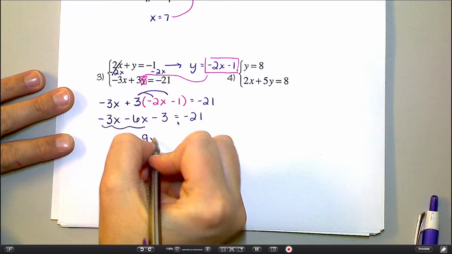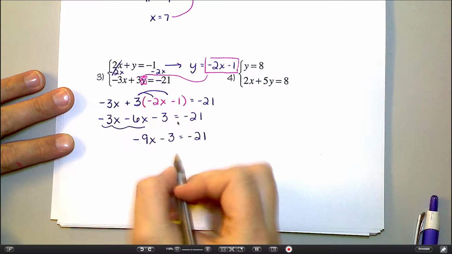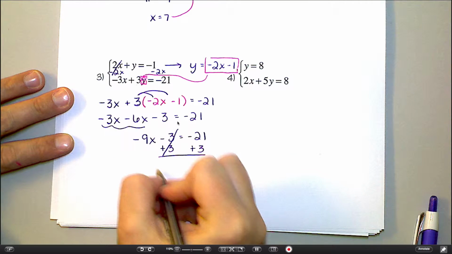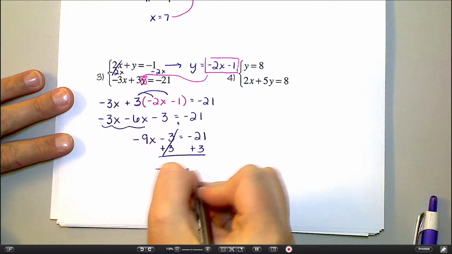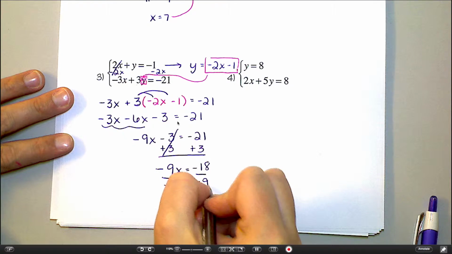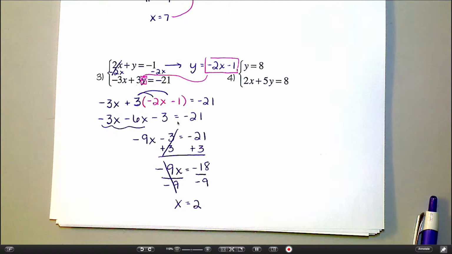Negative 9x minus 3 equals negative 21. Add 3 and add 3. Negative 9x equals negative 18. Divide by negative 9. x equals 2. Everyone okay with that equation part of that?